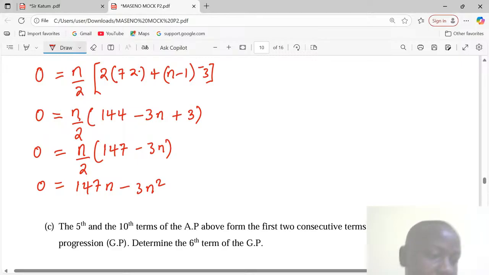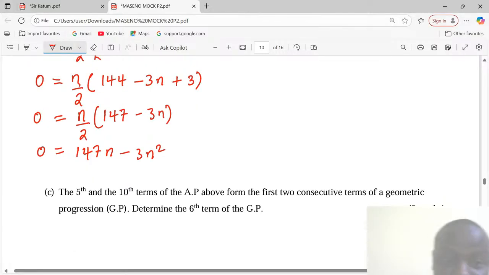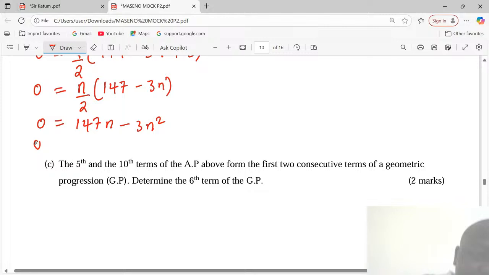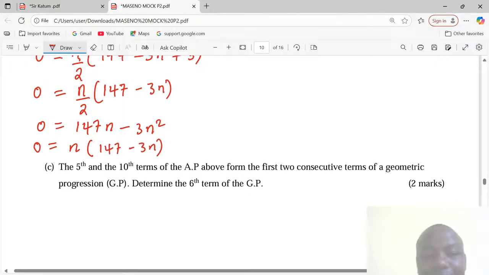We are proceeding. The question is very interesting. When I factor out n, I will have n times (147 minus 3n).